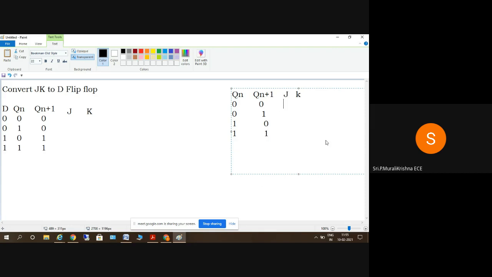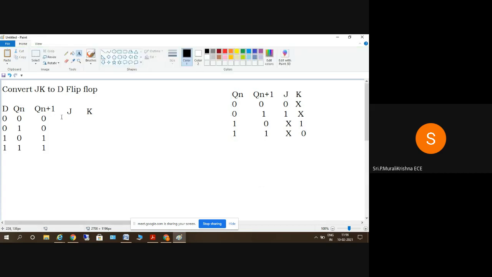So tell me the values of JK. If you remember, it's fine, or else I draw the truth table and you can analyze that. So 0, don't care; 1, don't care; don't care, 1; don't care, 0.